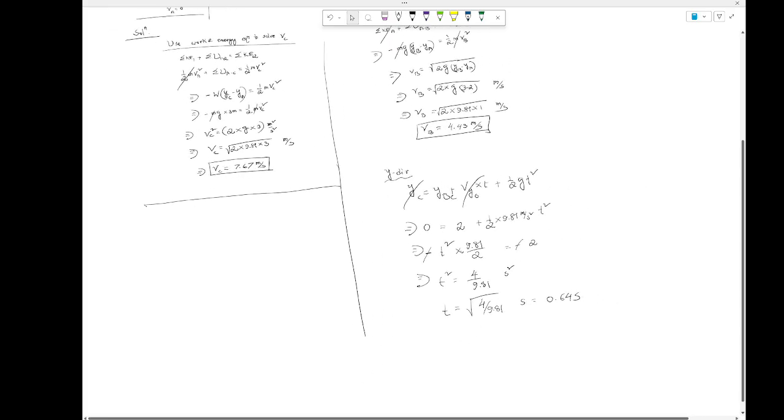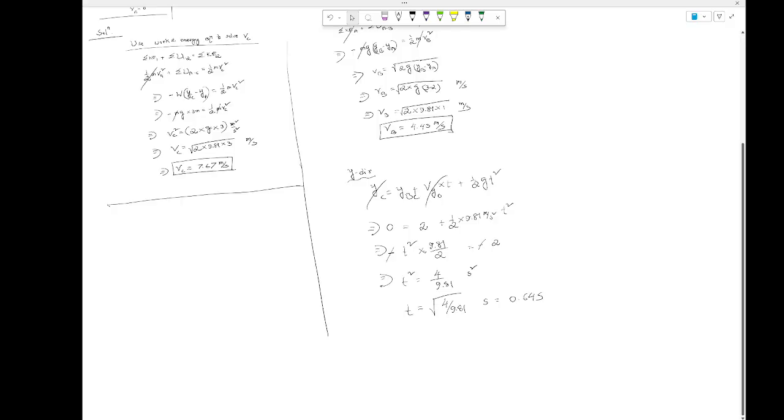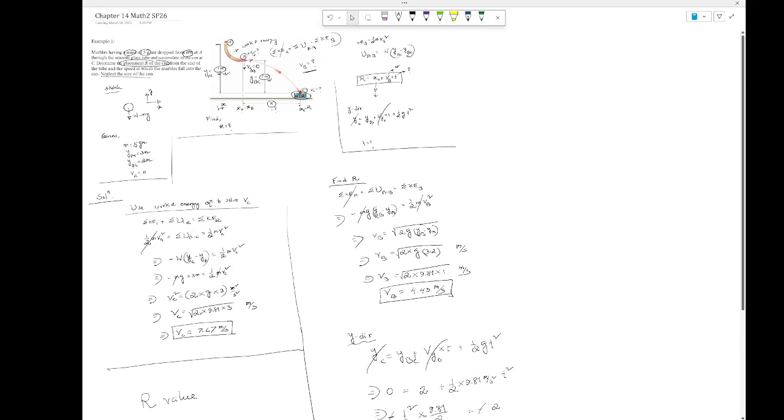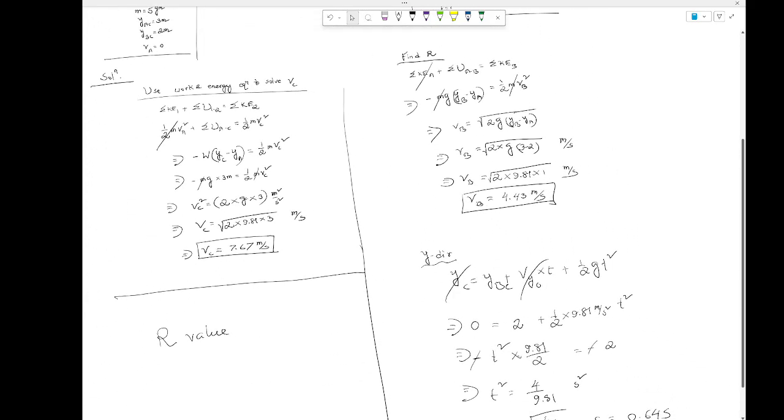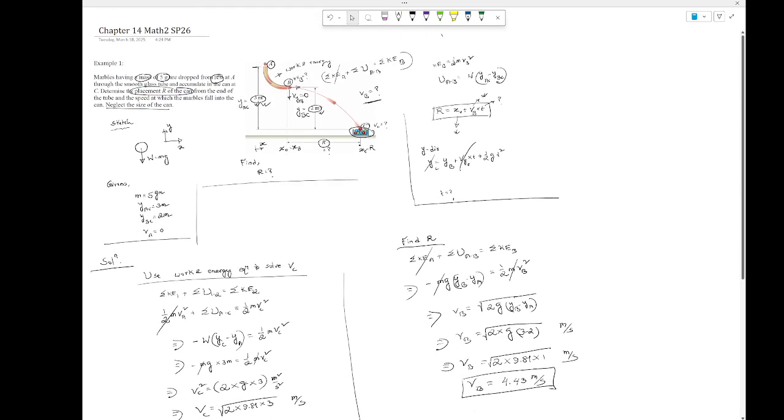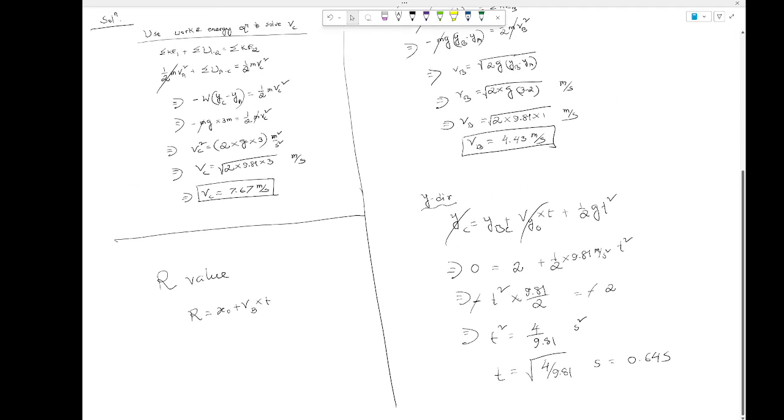And that's the final part that we are solving now, which is the location of R, or the value of R. Again, if you forgot, R is the distance from B to C. So to find that one, we're going to simply use the equation R equals x0 plus VB in this case, multiplied by t. Now I did explain this before, I'm just rewriting it in case you're wondering.